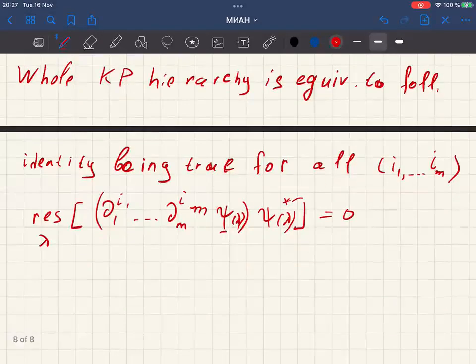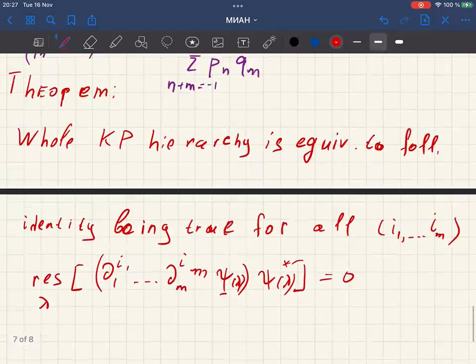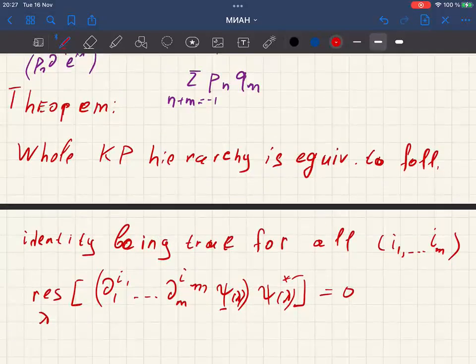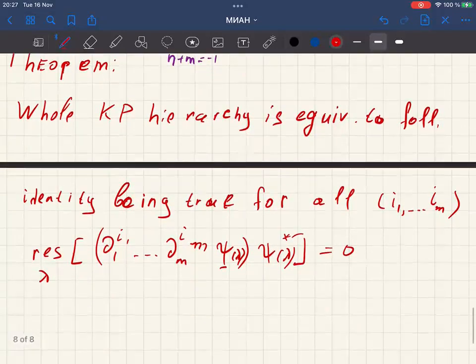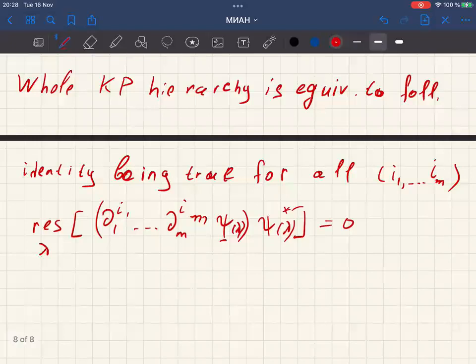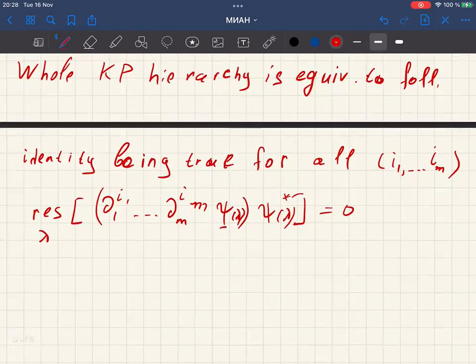It means that if we have psi, which is the Baker-Akhiezer function for the KP equation, then for all these multi-indices we have the following identity.